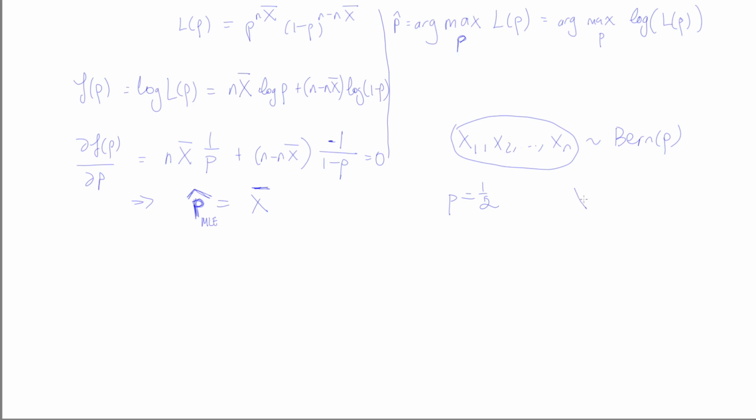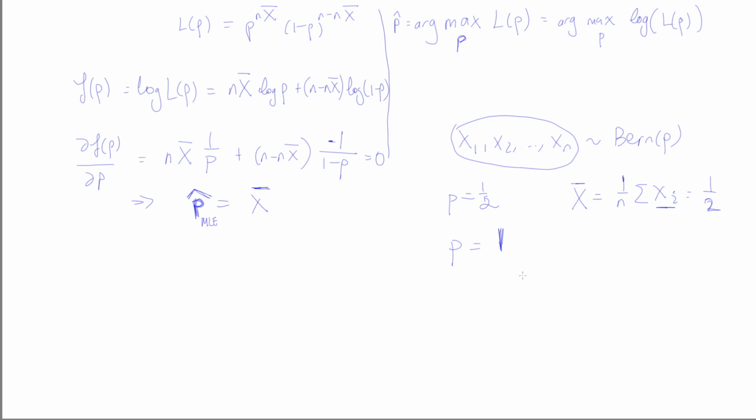So then you would expect to see x bar, which is 1 over n times the sum of the xi's. Well, if 50% of these are 1, then x bar is just going to be half. If P is equal to 1, meaning that you'll never see any tails, then all of these guys are going to be 1, and x bar is going to be 1. So you can see how the maximum likelihood estimator makes quite a bit of sense in this case.